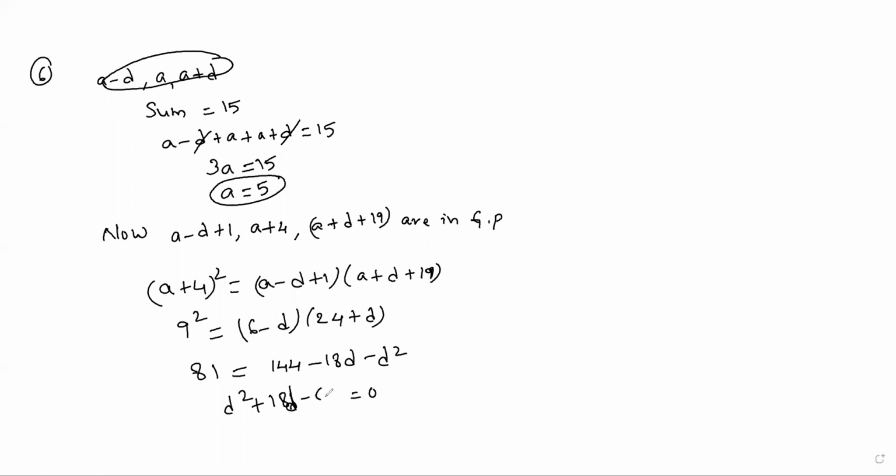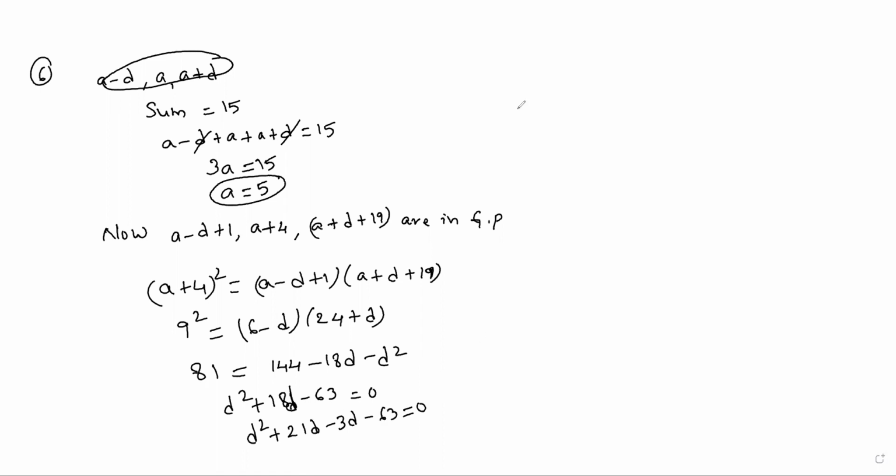This is d square minus 18d minus 63. Now what are the factors of 63? Clearly we can consider that, because now we need to get the values for 18d. If you take 21 threes, it is 63. These factors give d square plus 21d minus 3d minus 63 equal to 0.